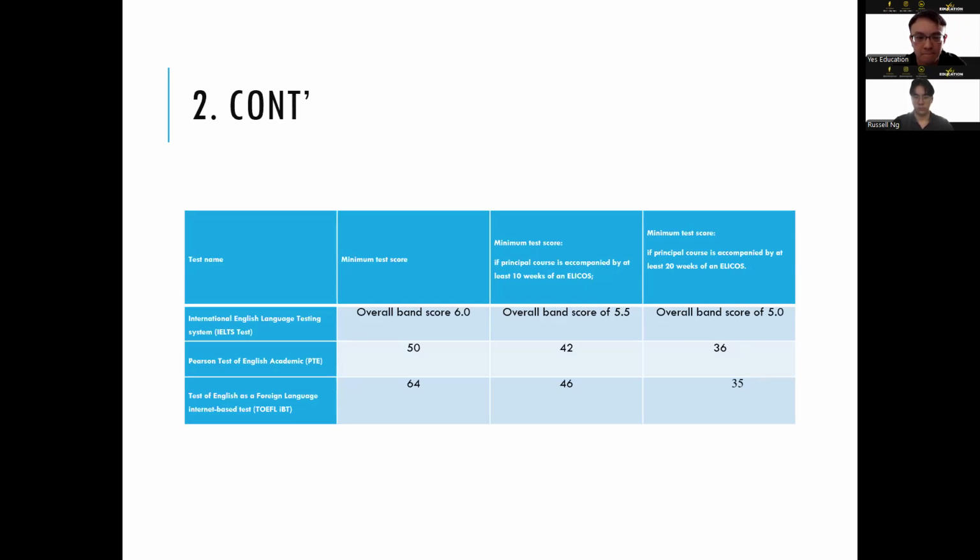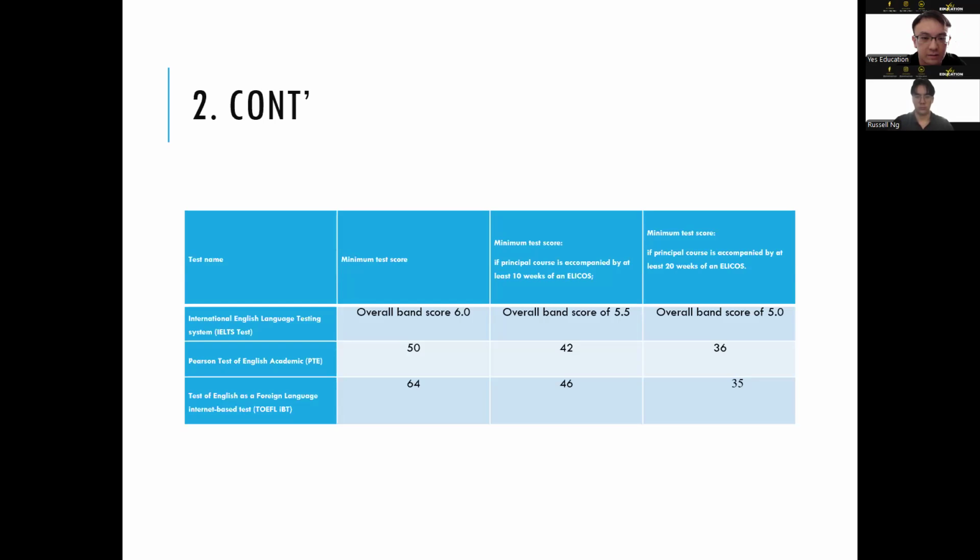That means he didn't need an IELTS test or PTE test or any English test to get a COE from the university. In that case, in the past, before 2024, it is okay. You just don't submit any English test evidence.